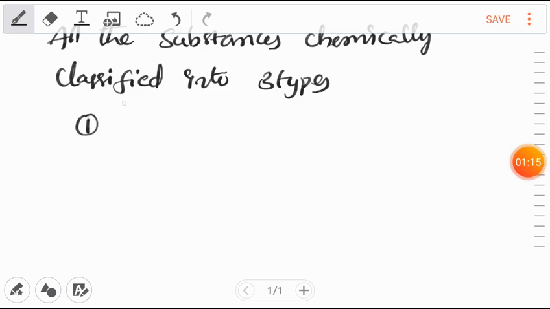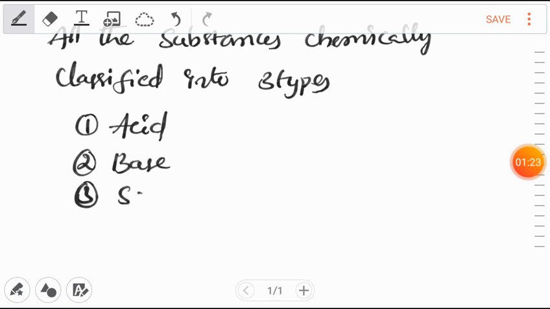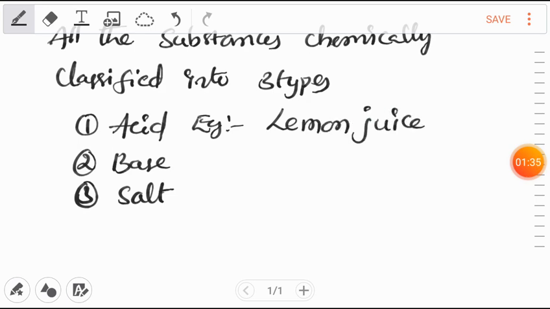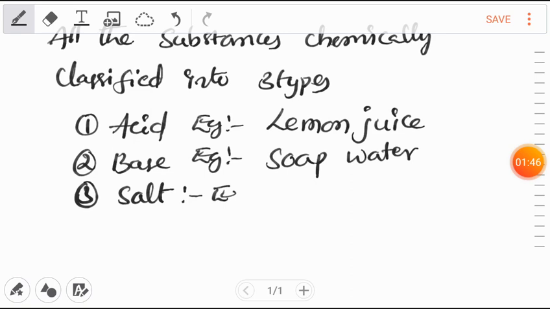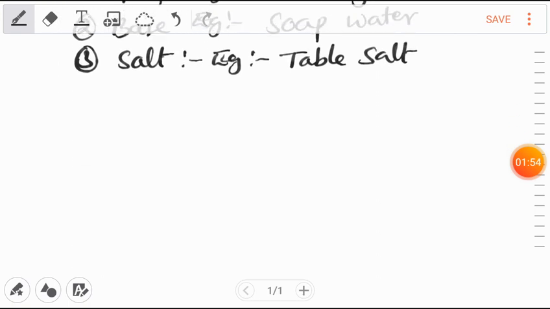Those are: first one acid, second one base, third one salt. What are the practical examples for acid? Lemon water or lemon juice is acid. Base example: soap water. Salt example is table salt or common salt, which we use for household purposes.